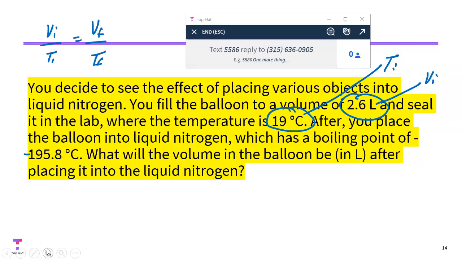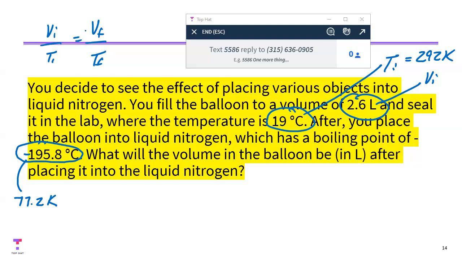Now, the key attribute of this particular problem, my temperatures have to be in Kelvin. So 19 Celsius, 19 plus 273 is 292 Kelvin. My negative 195.8 Celsius is going to give me 77.2 Kelvin.